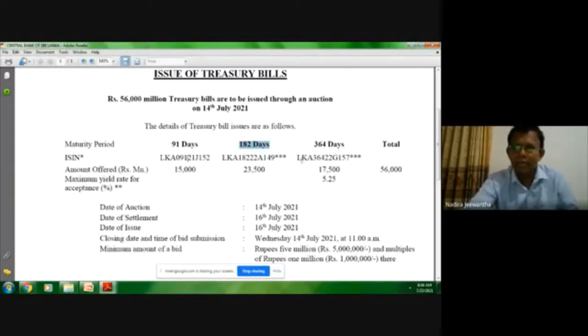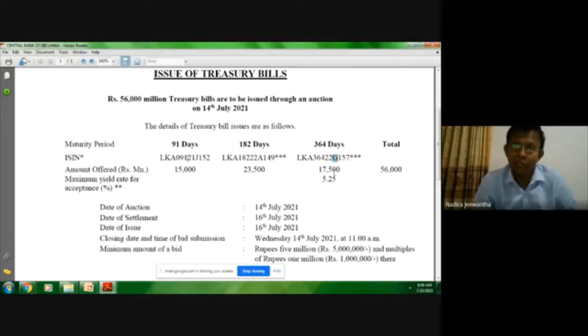Take this one. LKA means treasury bill, that we know. 364 is what? 1 year. G means what? The month of maturity. A, B, C, D, E, F, G. 6th letter. January, February, March, April, May, June. So June, and it's a 1 year. 364. The examiner has not given the maturity date.